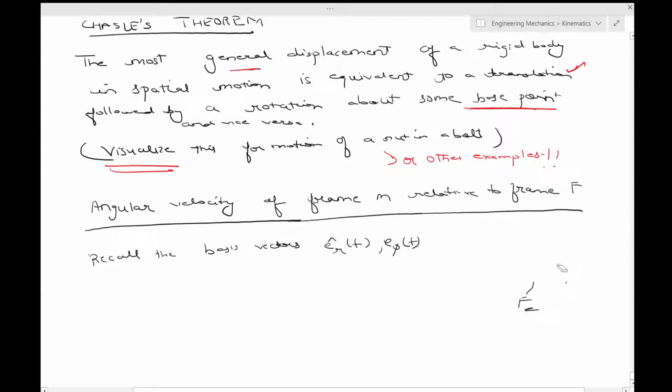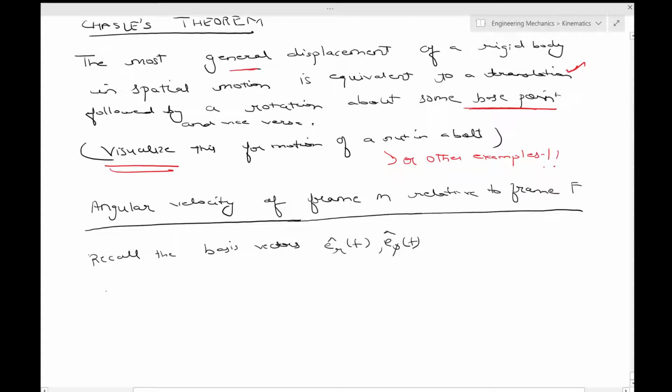So let's define some of the things which we would need. You have the basis vectors. That means that any vector in this cylindrical coordinate system can be defined using e_r, e_phi and e_z. Okay.